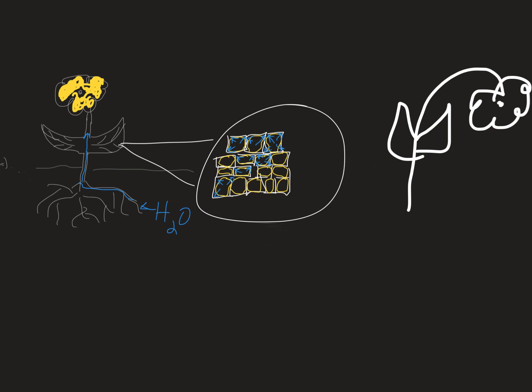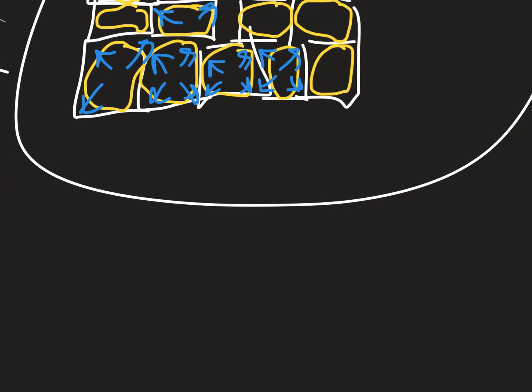It's water pressure. Water pushes on the inside of the cell walls, and when it does that, the plants stand up. They grow upright. All the blocks line up, and there's a force that holds it up.